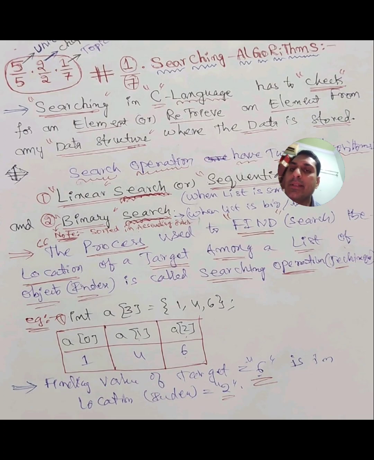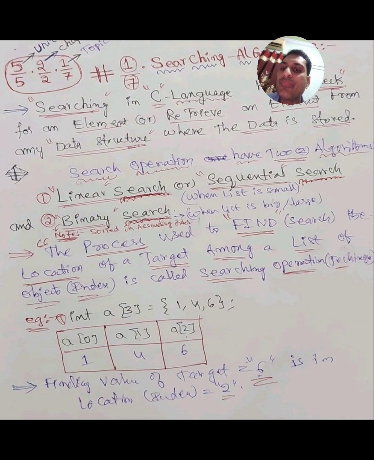Theoretically, searching in C language means to find an element or to retrieve, to access an element value from any data structure like arrays or structures, any data structure where the data is stored in the RAM. The values stored in the RAM will be fetched, taken, found, searched. Then we will do some operations actually.